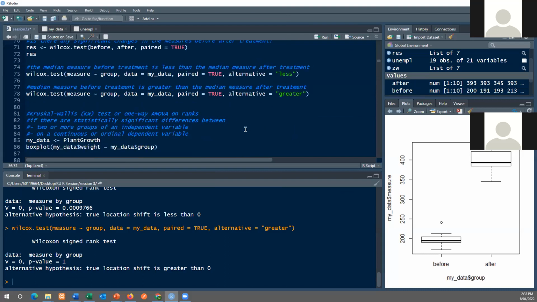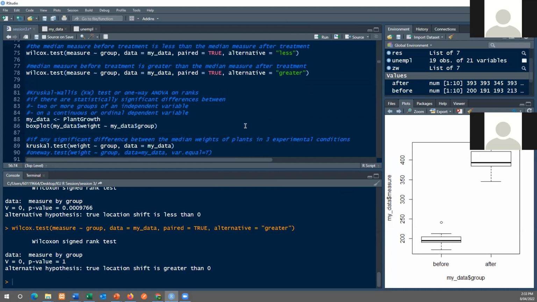Now we will be doing it the way we have done the ANOVA testing, but the ANOVA test is for groups. If we have multiple groups and the data was normal, that's why we did the one-way ANOVA and the post hoc test to see which group is significant.